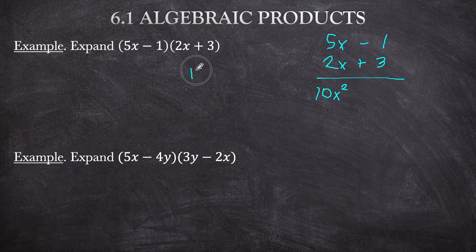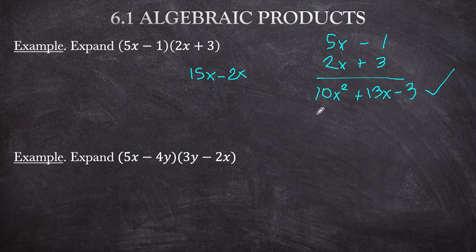So imagine this is going to become 15x minus 2x, because this becomes negative because of the negative 1 here. So this becomes 15x minus 2x, which gives us positive 13x. And then lastly, negative 1 times positive 3 is negative 3.